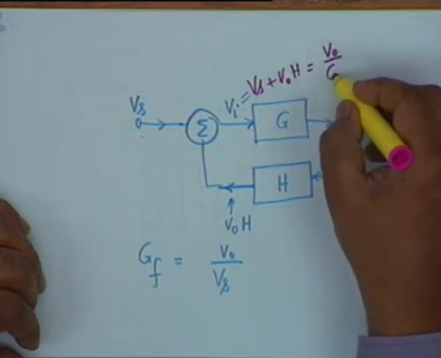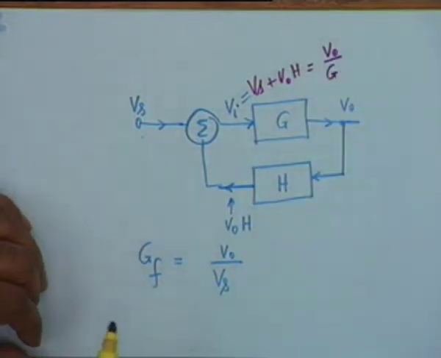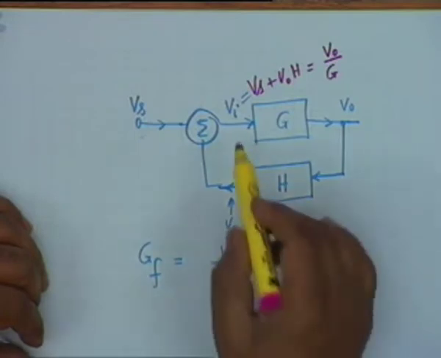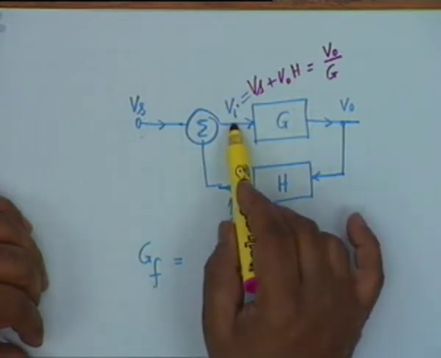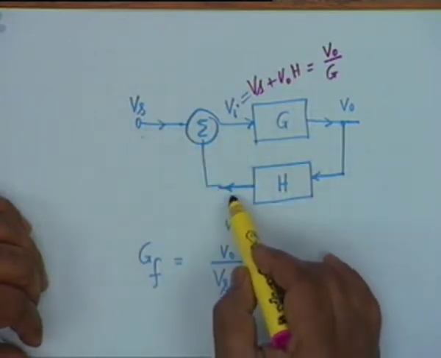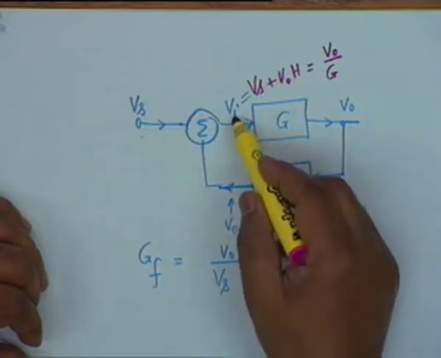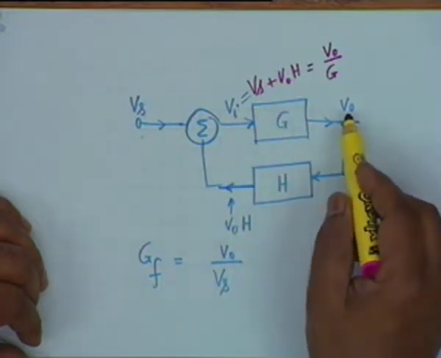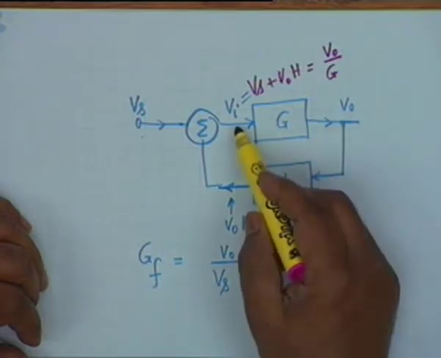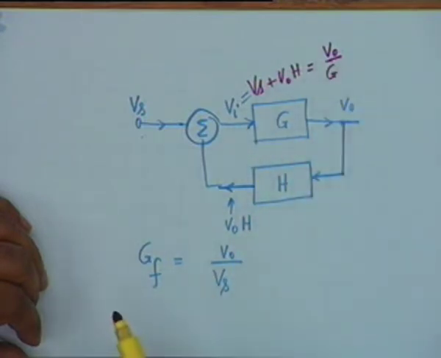Therefore, this is V0 by G. Is this clear? This signal is Vs plus V0H, and when multiplied by G it gives V0. Therefore, this signal must be V0 by G.